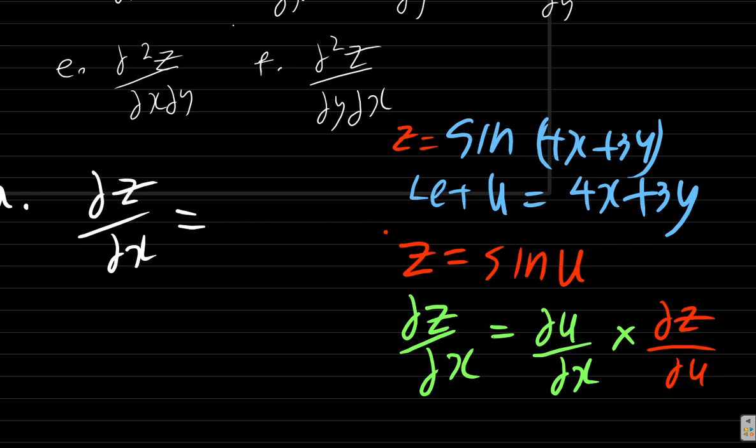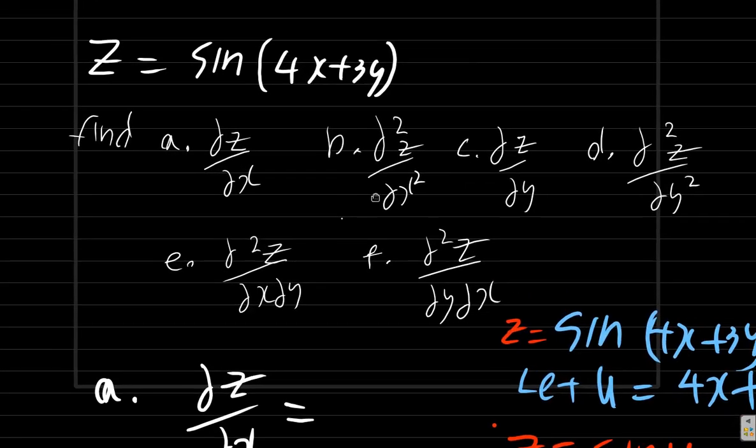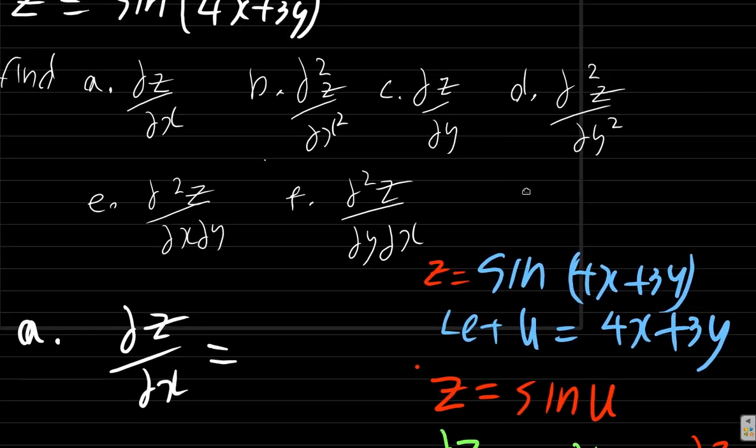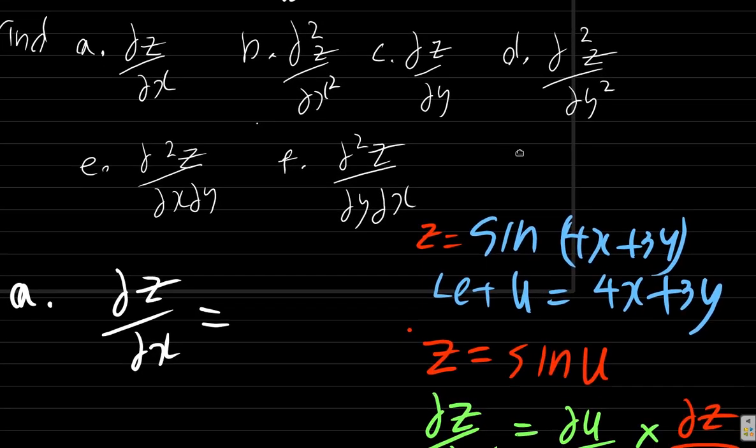Let me check again, just to make sure. Z is equal to sine of 4x plus 3y. U is 4x plus 3y, so z is equal to sine u.